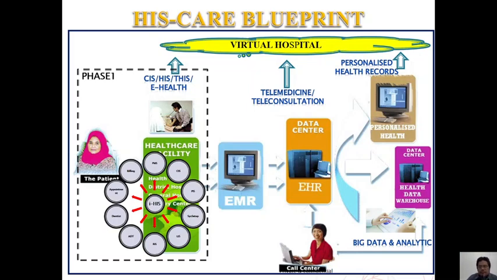When we talk about healthcare information system, this is an application whose SRS needs to be developed. We call it the MVP, minimum viable product, in order to generate the EMR.